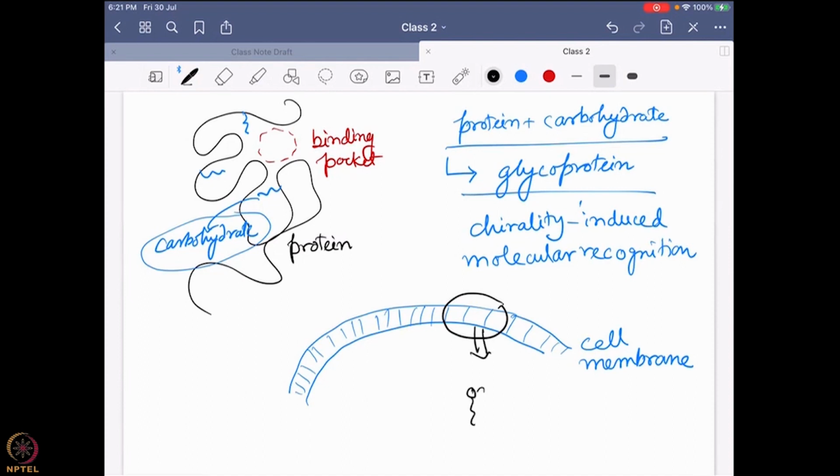You will find there are lipid molecules present. It's a bilayer of the lipid, in such a way. And over there in between, there is a protein in depth over there. Something like that.